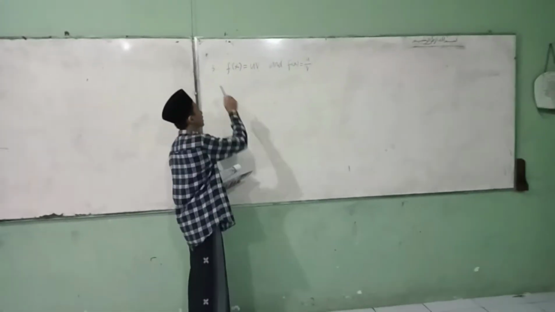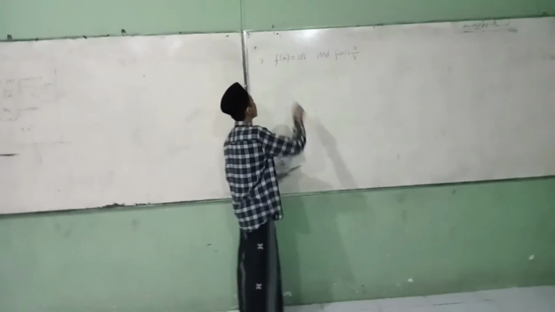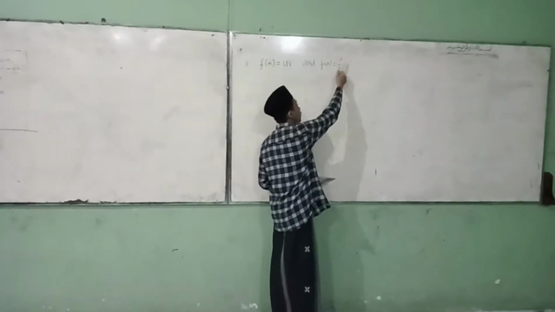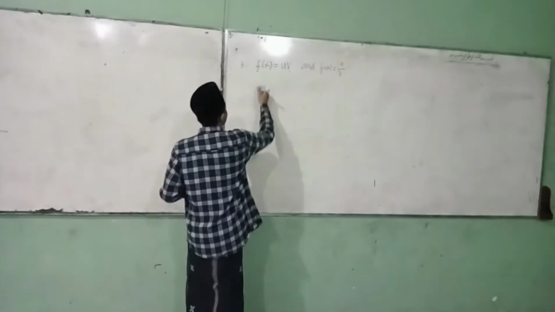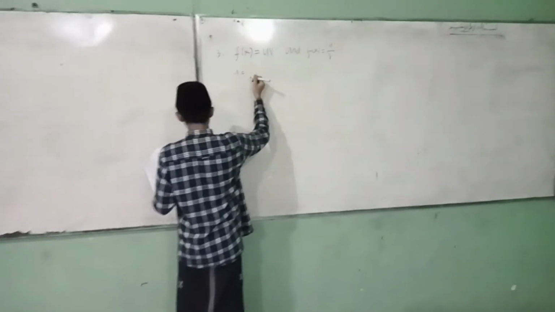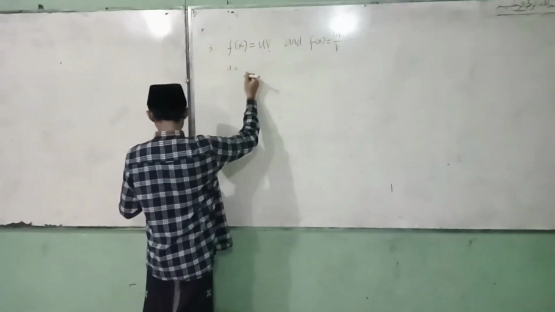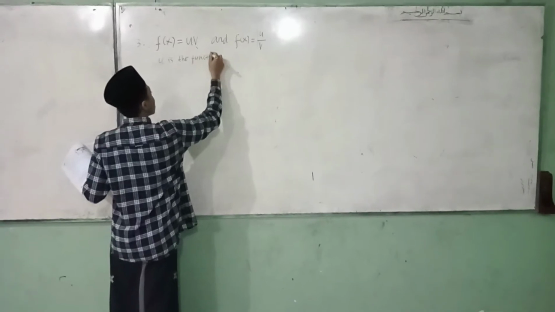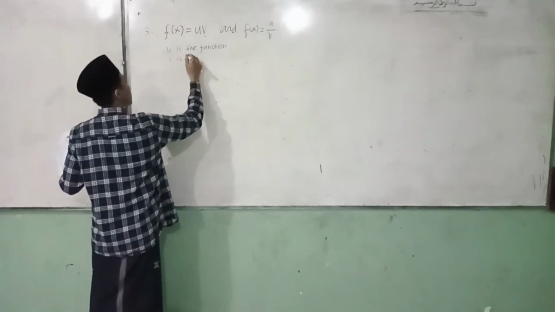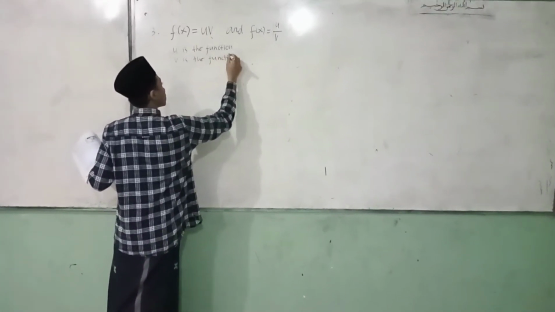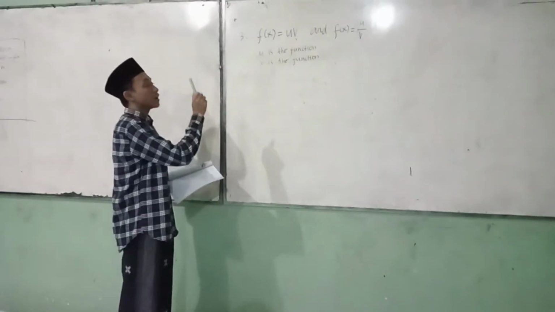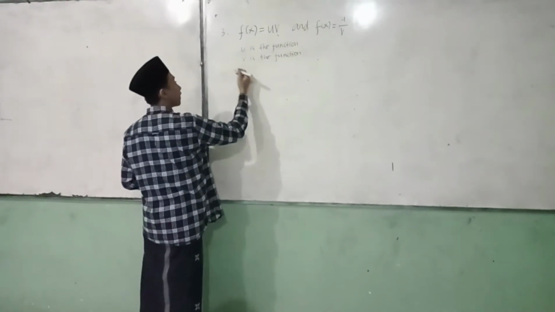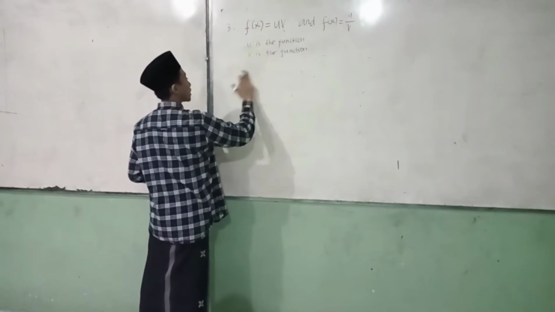How can we find the derivative function if the function is defined as f of x is equal to u times v, or f of x is equal to u over v, where u is a function and v is a function.